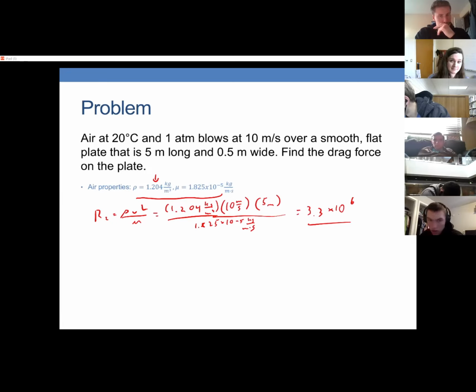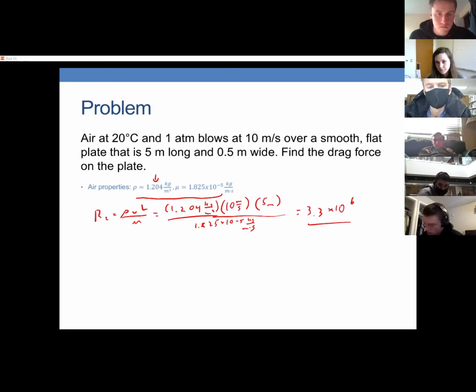I'm going to assume this is just turbulent flow, that the laminar region is insignificant, and we can just use the turbulent friction coefficient. Yeah, Re_L is kind of an average value, or an overall value, for the whole plate.